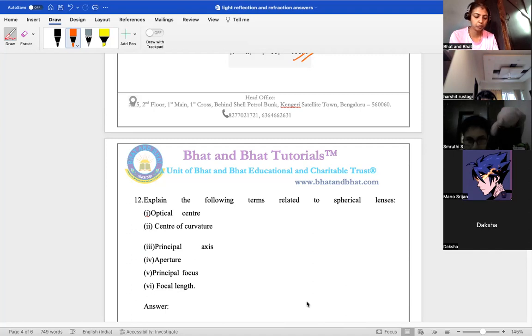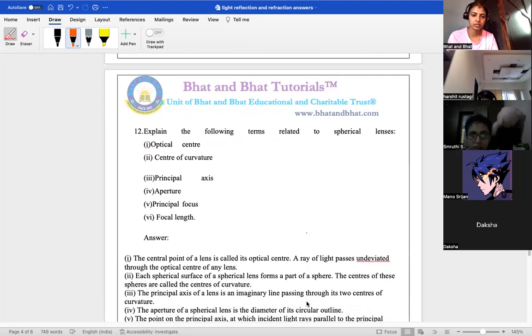Tell, what do you mean by optic center? Define optic center. Definitions only is asked. Explain means you just have to give the definition. Center point of spherical lens. Correct. It is the central point of the spherical lens. Then the light which is passing through that will be undeviated.